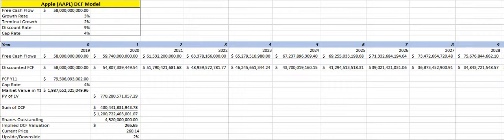So as of the last trailing 12 months in 2019, you can see there at the top the free cash flow. So what is free cash flow? That is the total cash flow that's coming into a business. Some people call it owner's earnings. That's what Warren Buffett calls it.